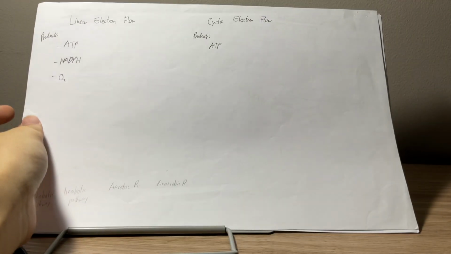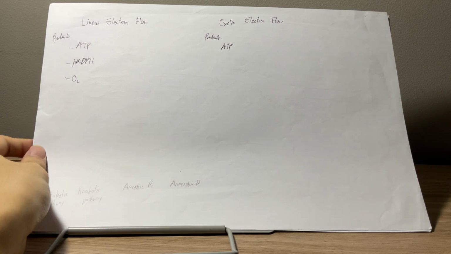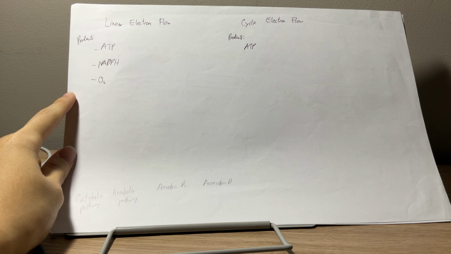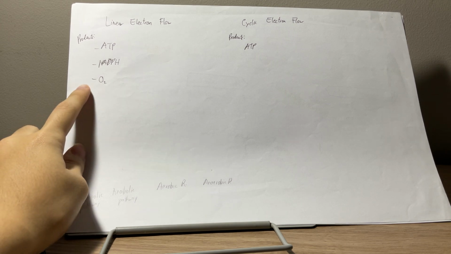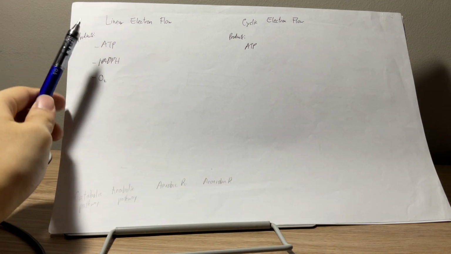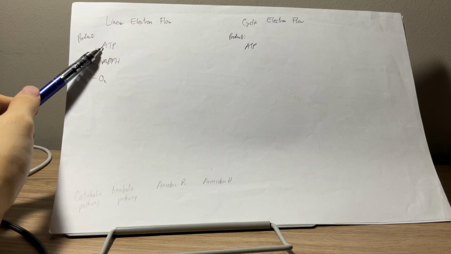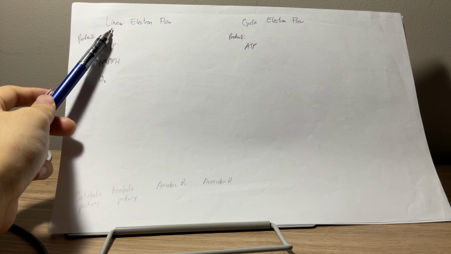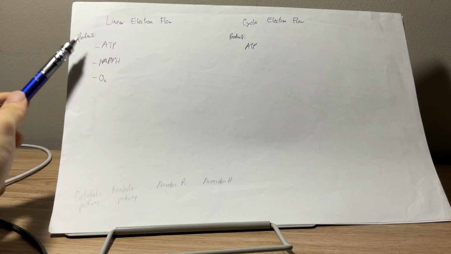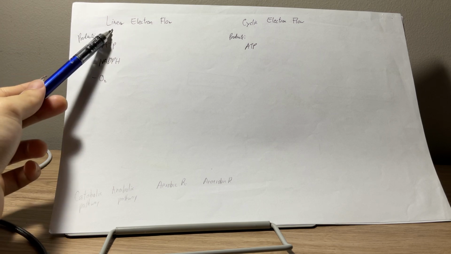Backstage. Linear electron flow, cyclic. I think this, an example of this is CR or cellular respiration. I'm not sure. But based on the products of the linear electron flow, it says ATP, NADPH, and O2. Oh, okay. This might not be relevant.